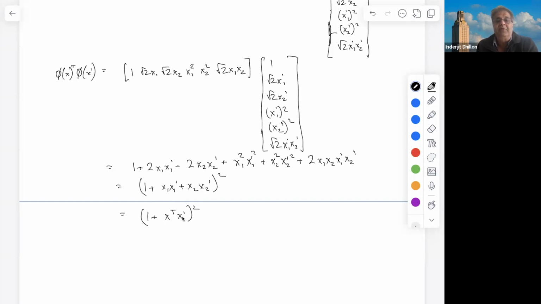Because x is 2-dimensional, x prime is 2-dimensional, but phi of x was 6-dimensional. So in general, in the quadratic case, we call this the quadratic kernel. This is a polynomial kernel of degree 2. That is a quadratic kernel, and we'll denote this as k of x, x prime.